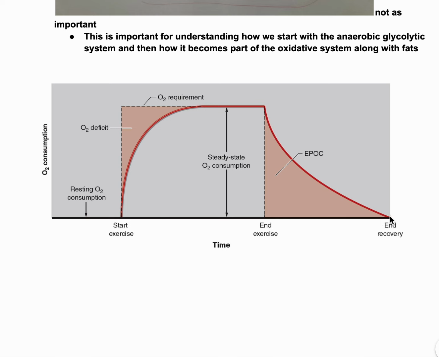So that is the EPOC. I just think about it as the shape, really, because if something didn't happen here, it has to be made up for on the tail end. So we're just going to take this shape and flip it.